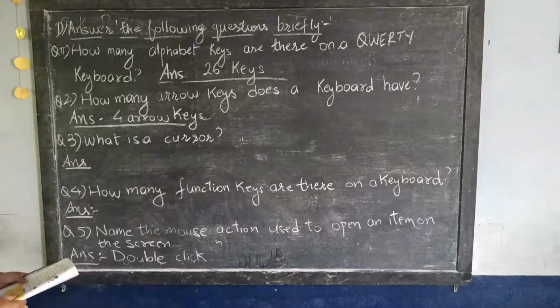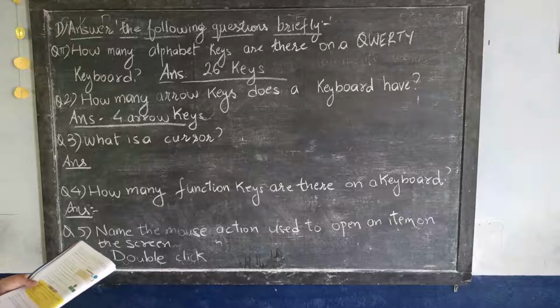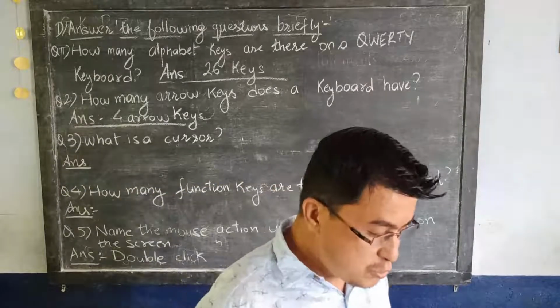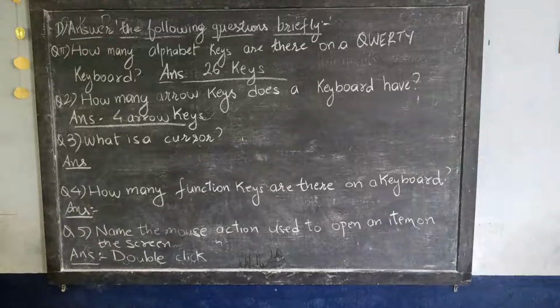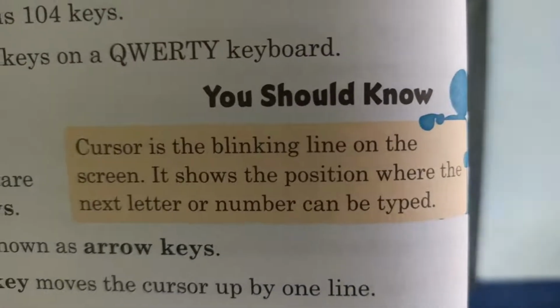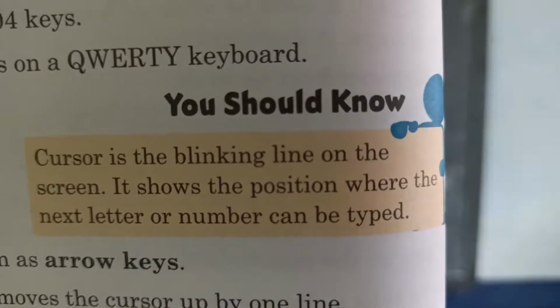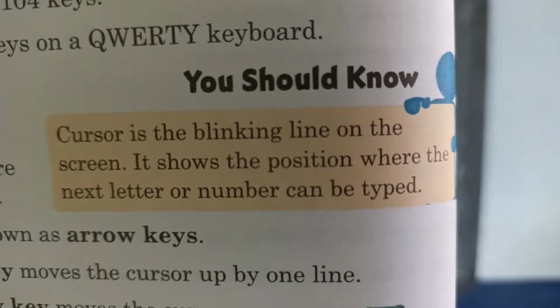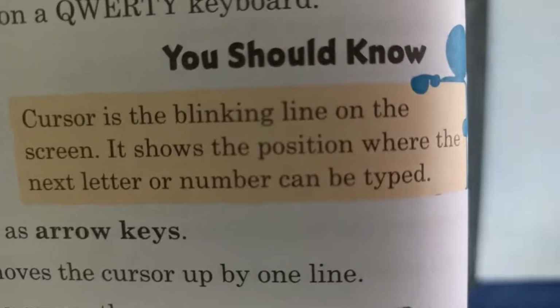Next, what is a cursor? If you look at page number 48 again, it's written here. Cursor is a blinking line on the screen. It shows the position where the next letter or next number can be typed.